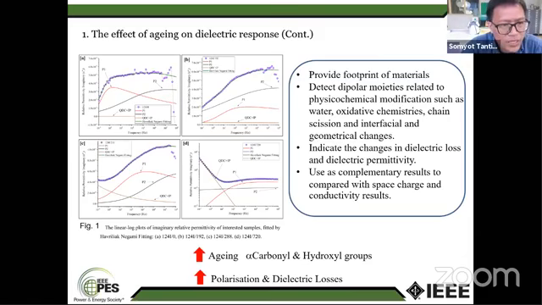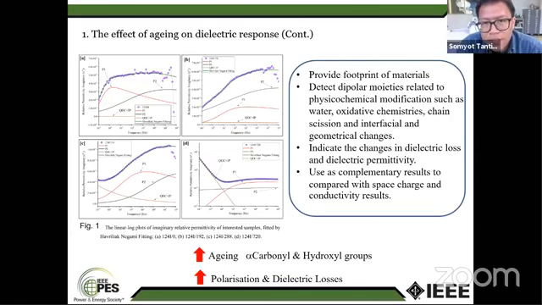And also QDC represents the DC conduction that you can see with the severely aged samples here. The conduction process will be involved in the dielectric response curve. The dielectric response provides the footprint of the materials that you can use to analyze the health of your insulation.